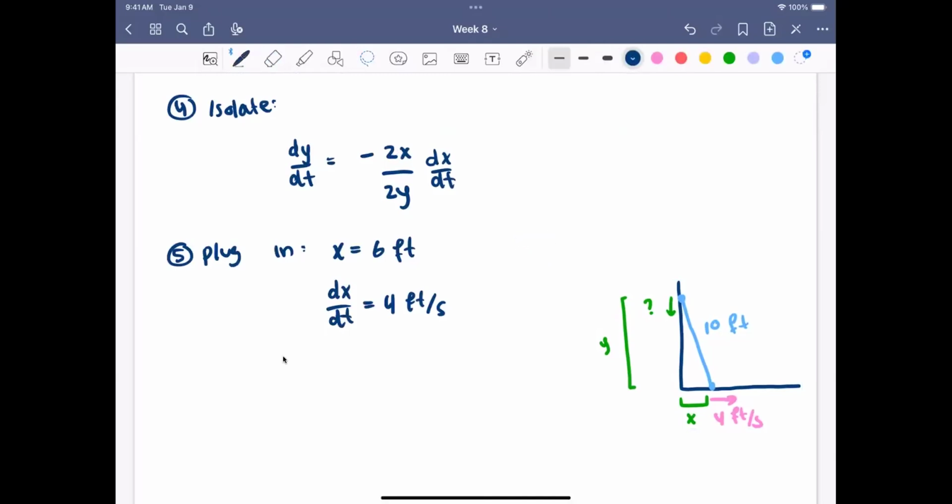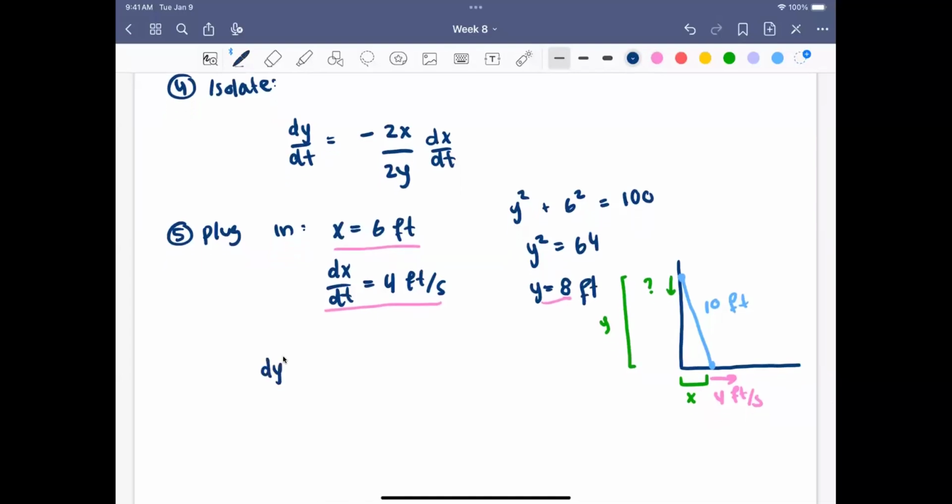Maybe I'll do this in 2 steps. So we know that y squared plus 6 squared is equal to 10 squared, which is 100. So y squared is equal to 100 minus 36, which is 64. So y is equal to 8. Well, it's plus or minus 8, but we know it's plus 8 because it's the height. Okay, so now we have all these things so we can plug into our equation, and this will be 8 feet.